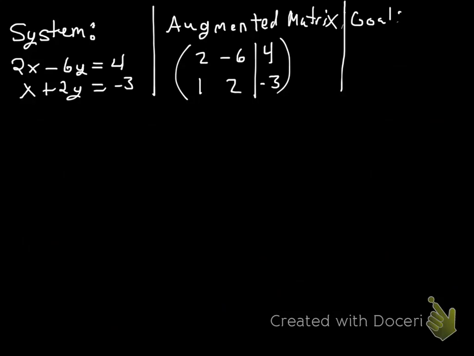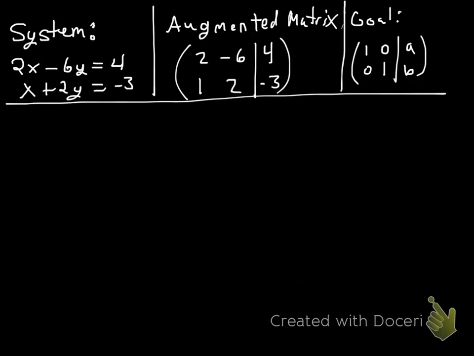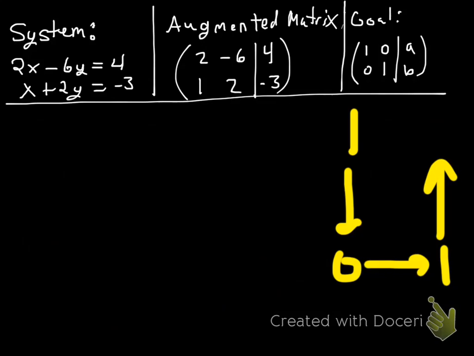And then we'll go ahead and write our goal so that we can refer to it again. Okay, so I'm going to be following this procedure. I want to make this a 1, and then we're going to make a 0, and then a 1, and then a 0. So that's the procedure that I want to do here.